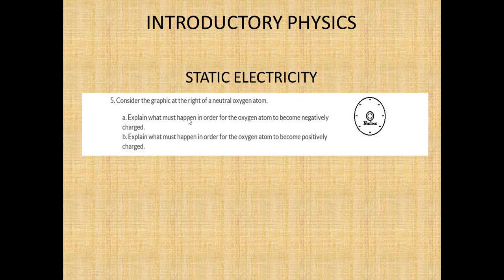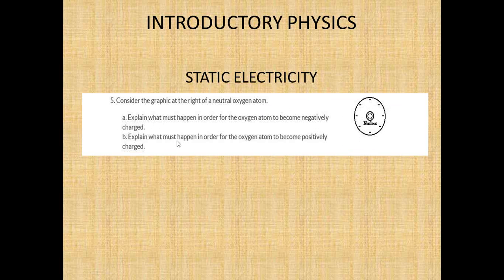Explain what must happen in order for the oxygen atom to become negatively charged. The only thing you can remove or add is electrons. So you have to add electrons to this oxygen atom for it to become negatively charged.